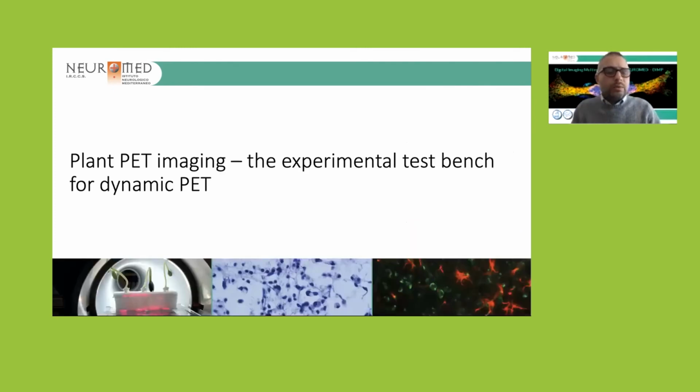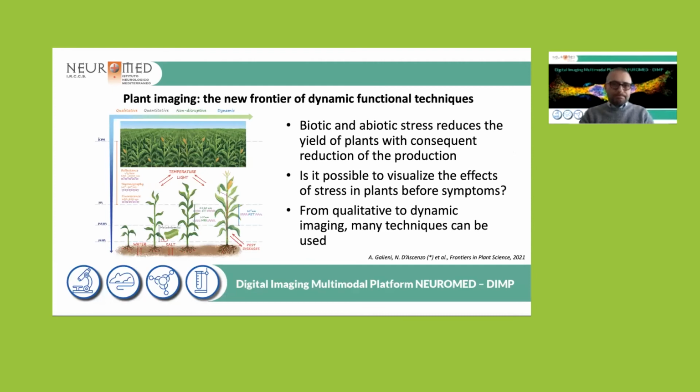And now we go to the last part, for the last, I think, 6 minutes which I have left. Plant PET imaging. Plant PET is the experimental test bench for dynamic PET. You can ask yourself why do a PET on a plant.